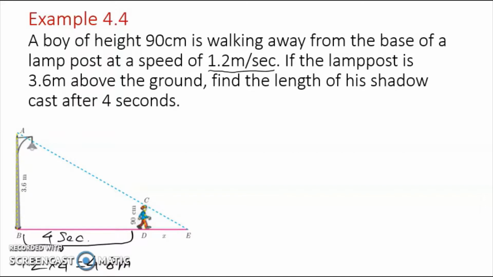One triangle which is EBA, and the second triangle which is EDC. All right. So if we find this length here, we know what's the shadow that was formed after 4 seconds of walking, which is 4.8 meters from the base of the lamppost.